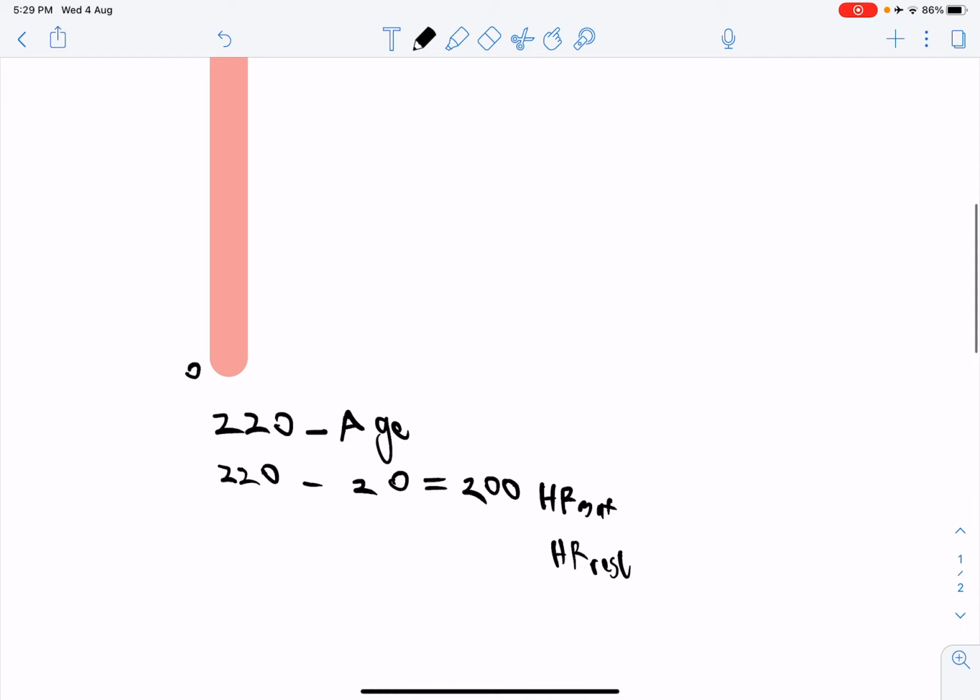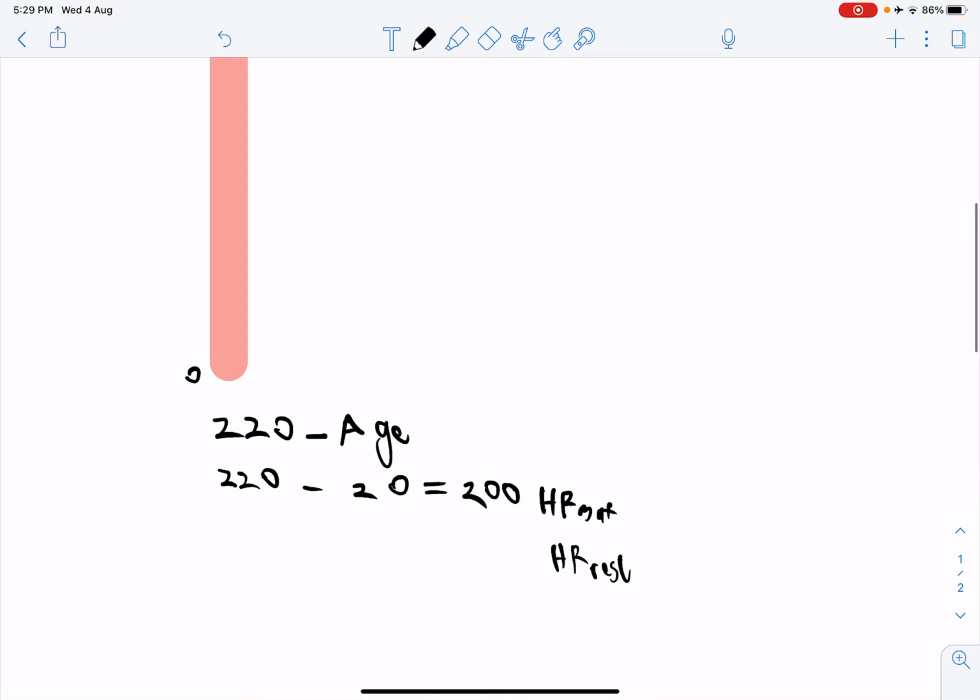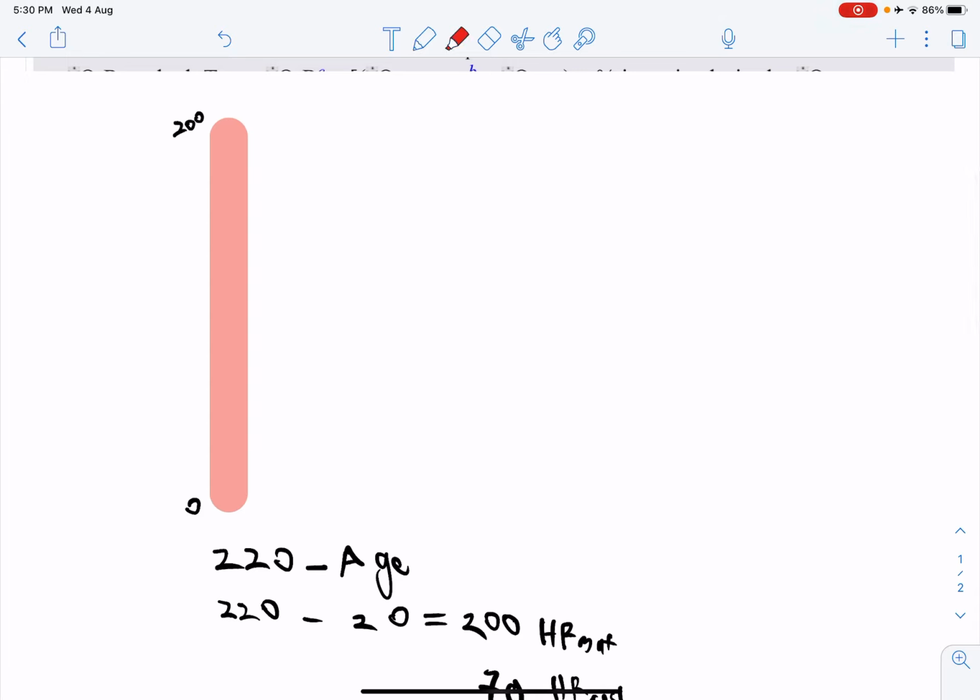You can calculate that using a smartwatch, any gadget on your wrist that can calculate your heart rate, or you can just use your fingers and feel the pulse below your thumb for 1 minute. So let's say, for example, my resting heart rate is 70, let's say it goes all the way here. That is 70. This is my resting heart rate.